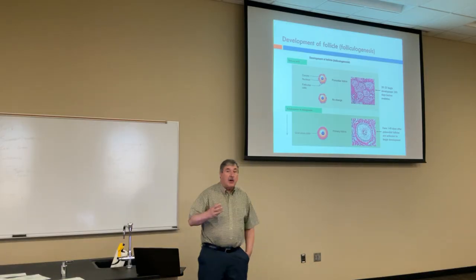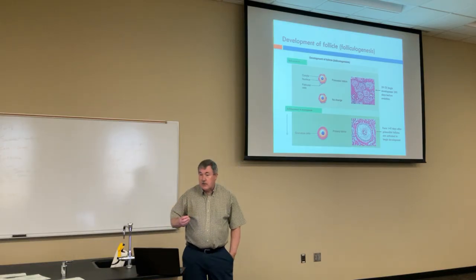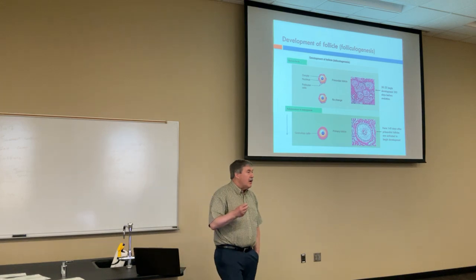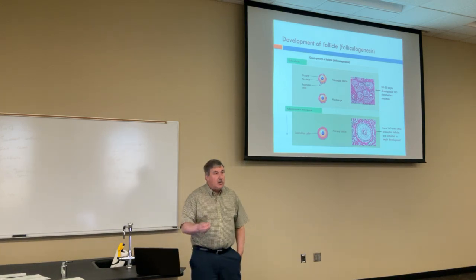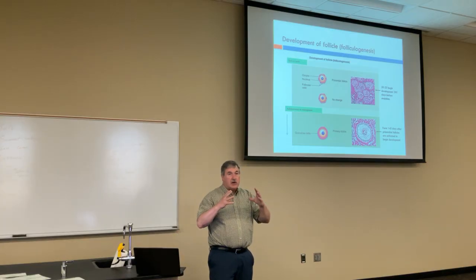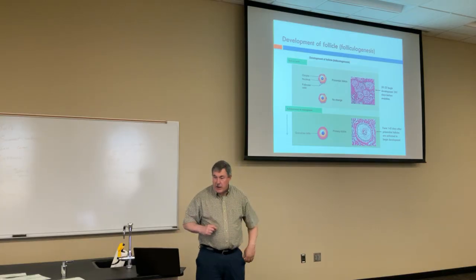And the primary oocyte takes up nutrients that are produced by the granulosa cells, and these 20 to 25 primary oocytes begin to enlarge. They get larger as they take up nutrients.